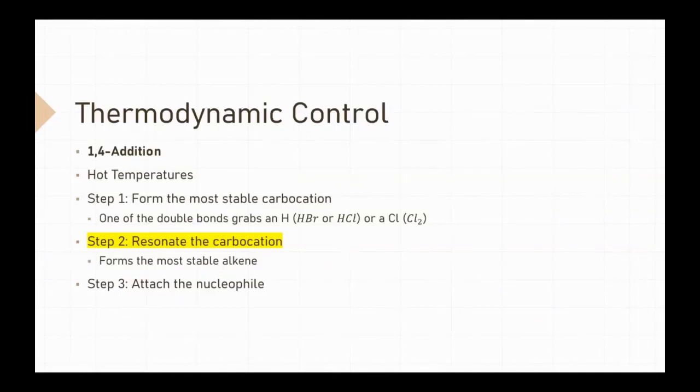Right, now your thermodynamic control. Remember, it's 1,4 addition. You still form the most stable carbocation, but the difference is you have to resonate that carbocation. When you resonate it, you'll form the most stable alkene, and from there you attach the nucleophile to the carbocation.